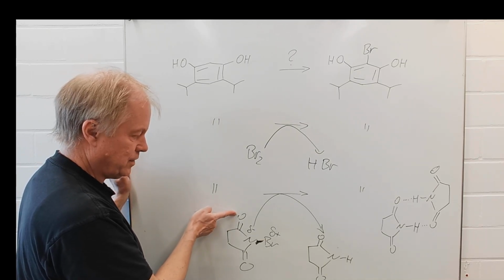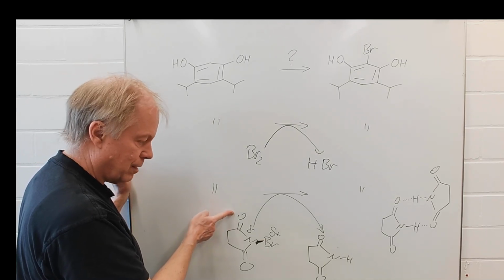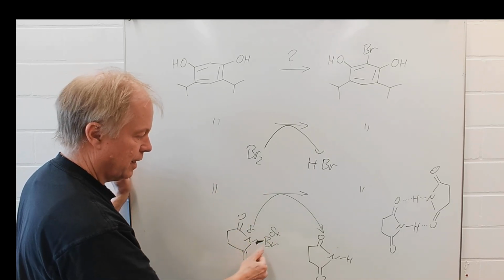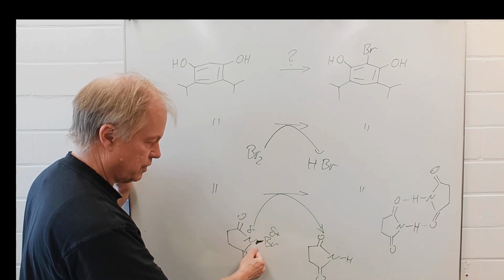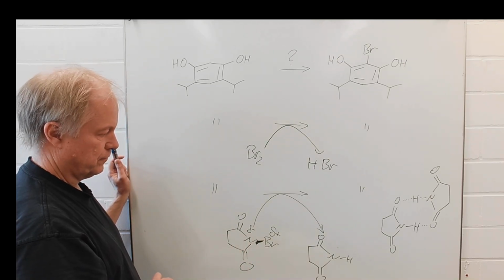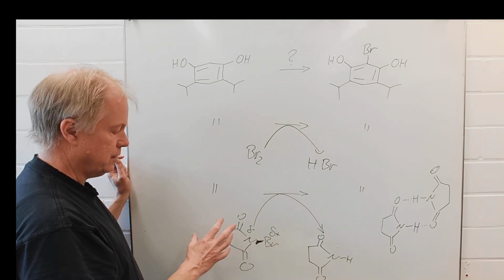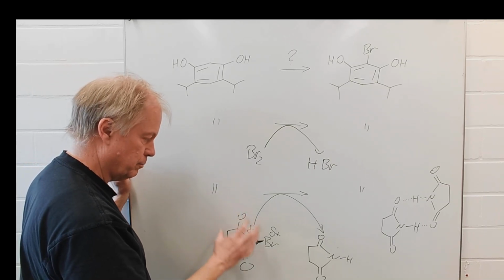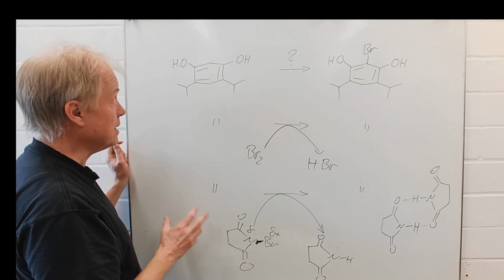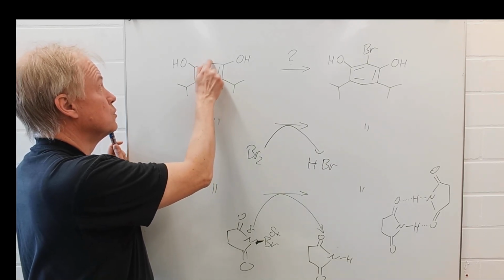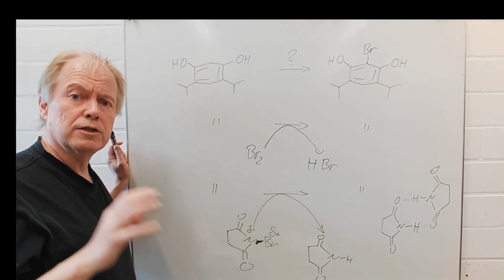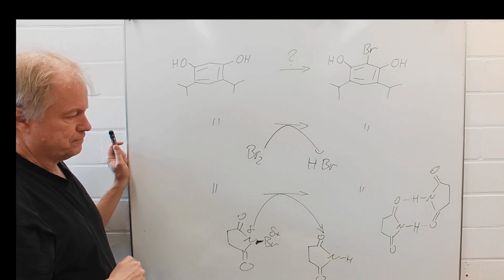If an acid protonates the carbonyl group, then we have a cation, and this bond is even more polarized to the nitrogen. So indeed, N-bromosuccinimide is active enough to brominate this resorcinol even at room temperature.